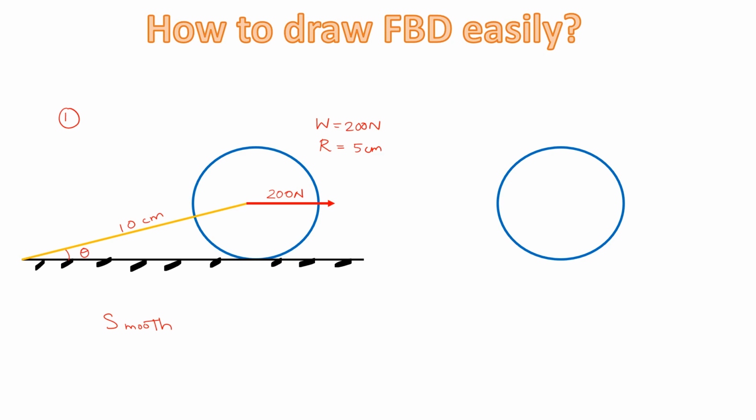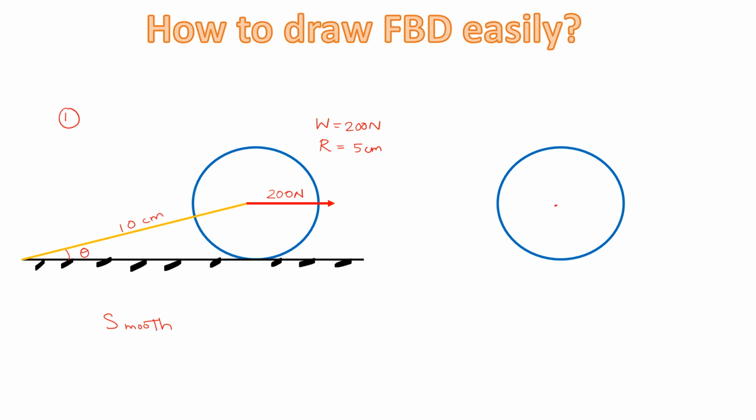First of all, we need to draw the free body diagram, that is, the body is drawn. All of us know that in the free body diagram there is only the body and forces. Any surface or any other external things will not be considered in the free body diagram.